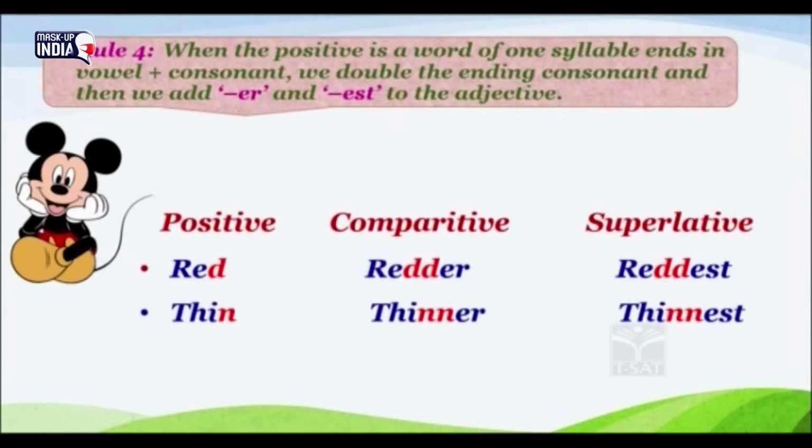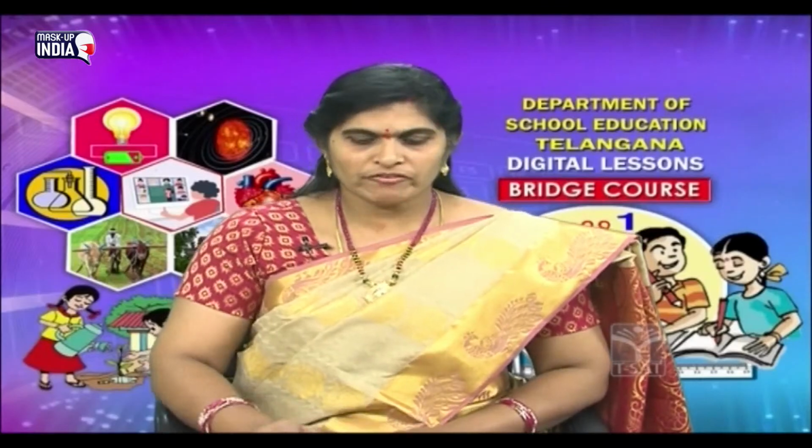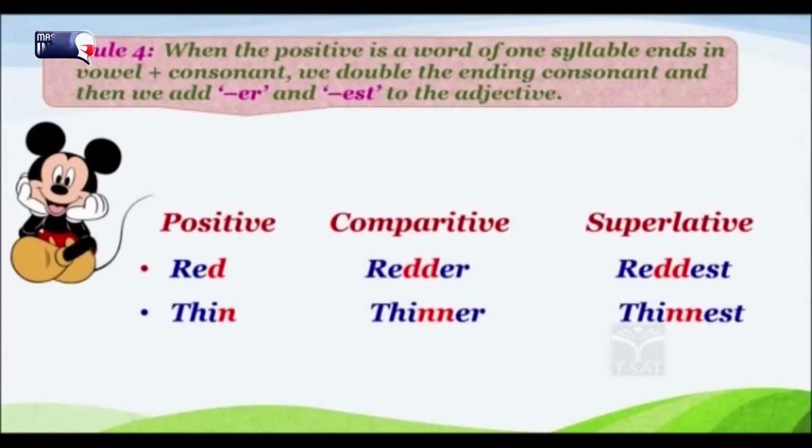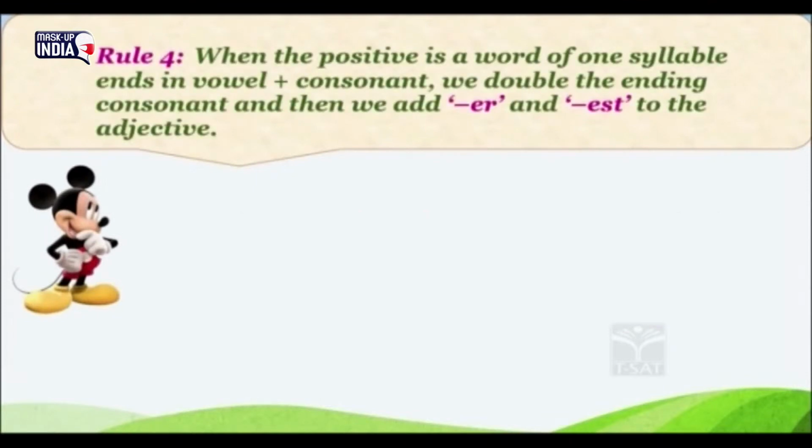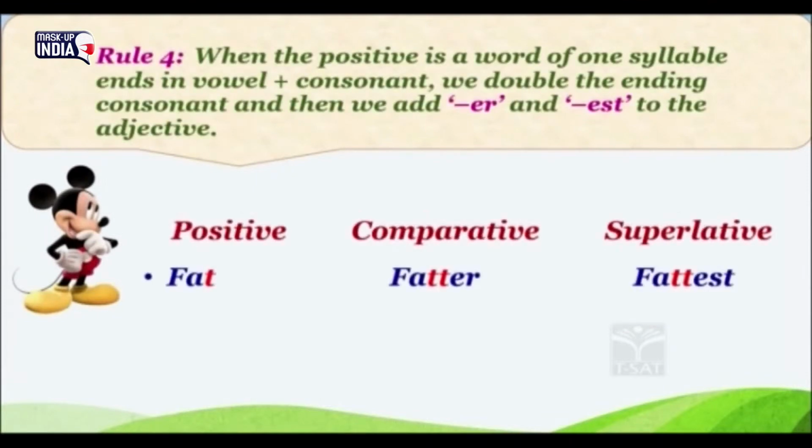For example, red, redder, reddest. In the same way, thin, thinner, thinnest. We shall see some more examples, children. Fat, fatter, fattest. If you observe carefully, here the last letter T is a consonant which is preceded by a vowel.